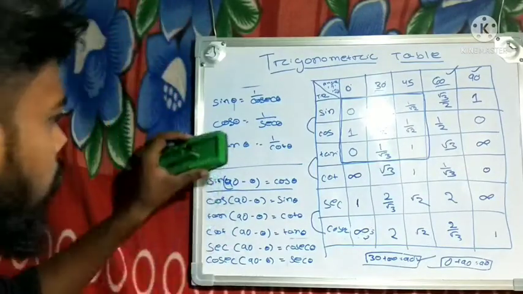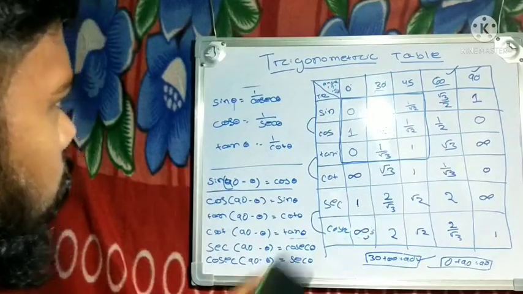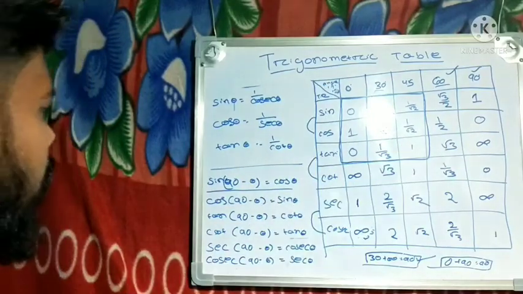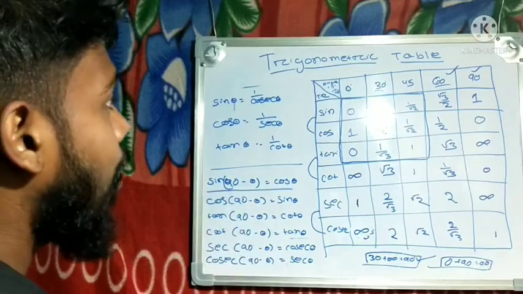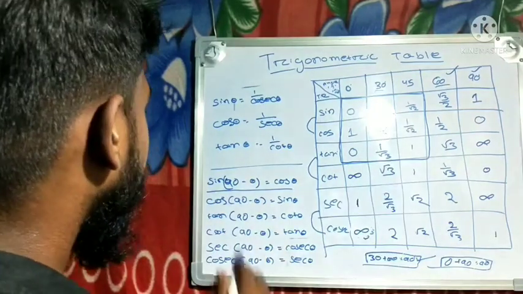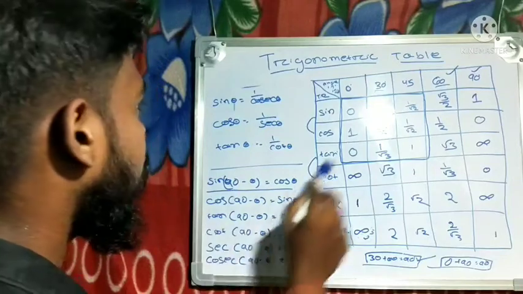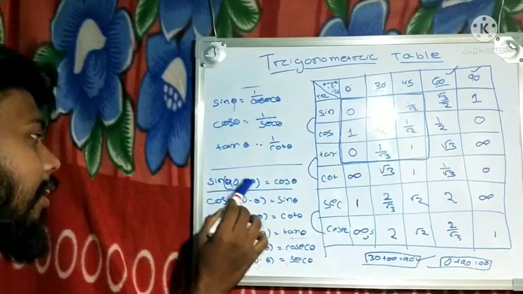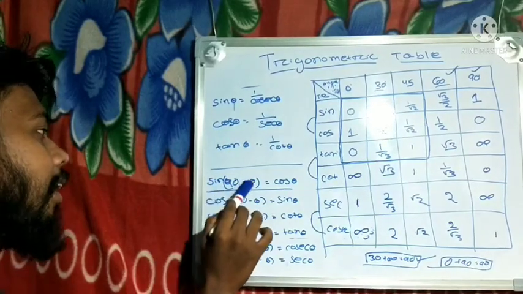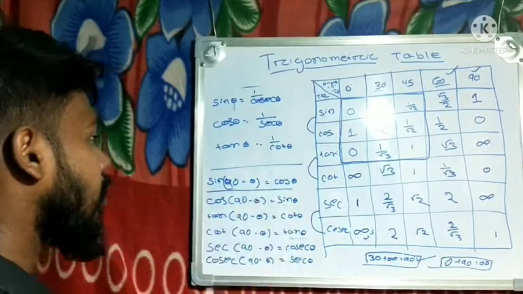Okay, and see here, I just have to tell this formula because this is related to this formula. So always sine 90 minus theta is equal to cos theta. See here how it is implemented in that table. Sine 90 minus theta, that means if we take theta as 30, then sine 90 minus 30 is equal to cos 60.